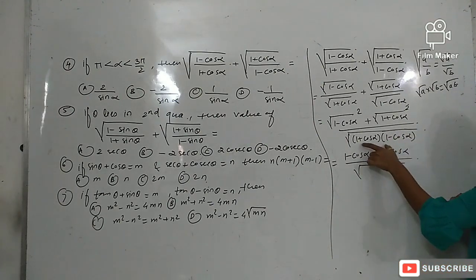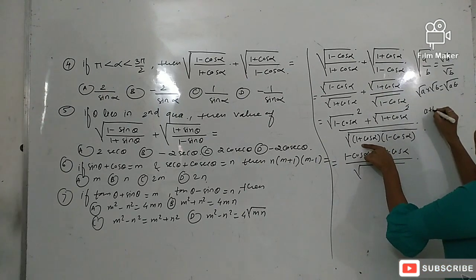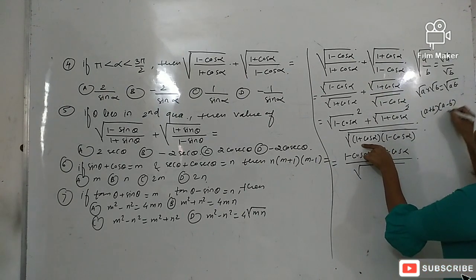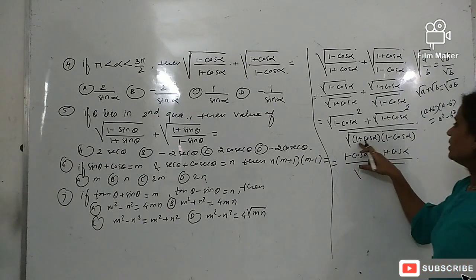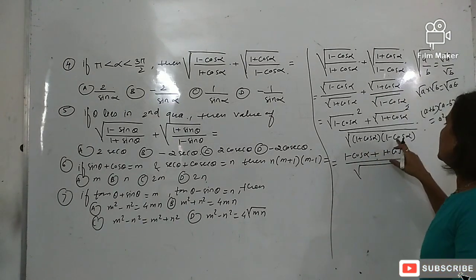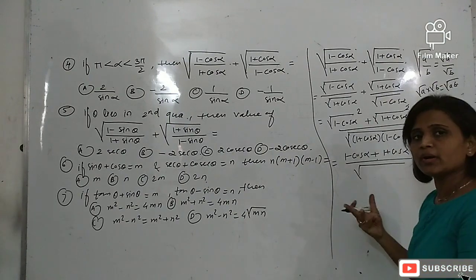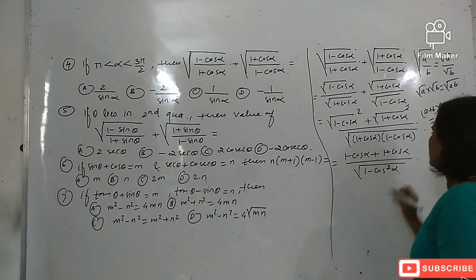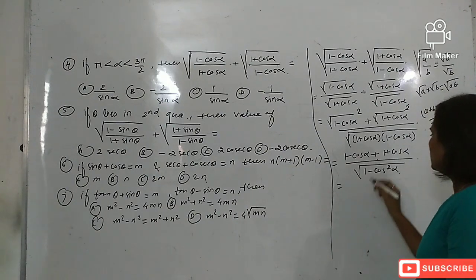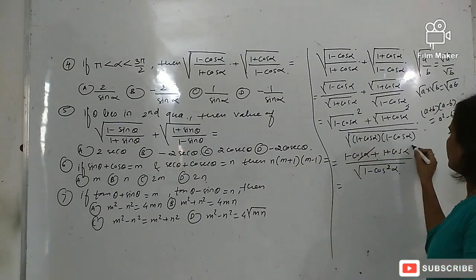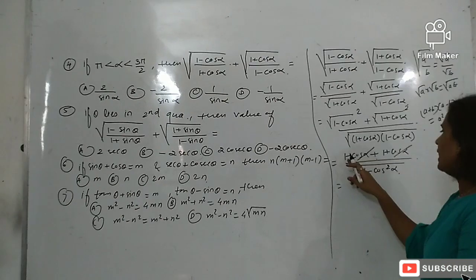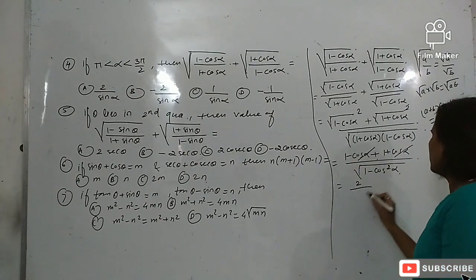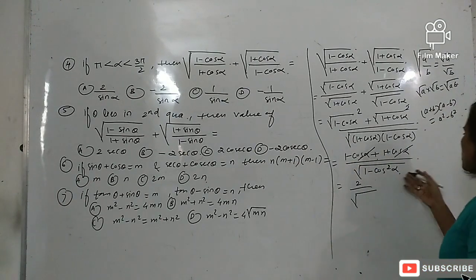So the value inside this root is in the form of a plus b into a minus b. So its product is a square minus b square. Okay. So this 1 plus cos alpha into 1 minus cos alpha, this product is 1 square minus cos square alpha. So for this numerator, this minus cos alpha and plus cos alpha get cancelled, and this 1 plus 1 addition is 2, and 1 minus cos square alpha.